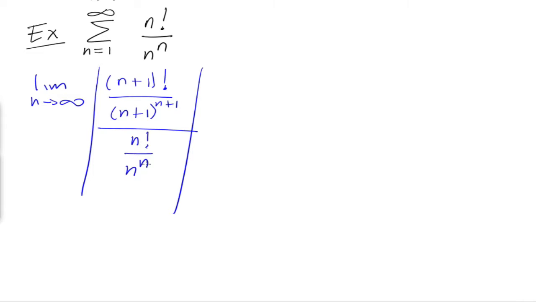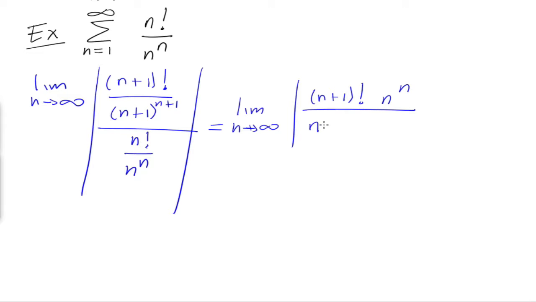So this is equal to the limit as n goes to infinity of (n plus 1) factorial times n to the n, over (n plus 1) to the n plus 1 times n factorial. So n factorial times (n plus 1) to the n plus 1.